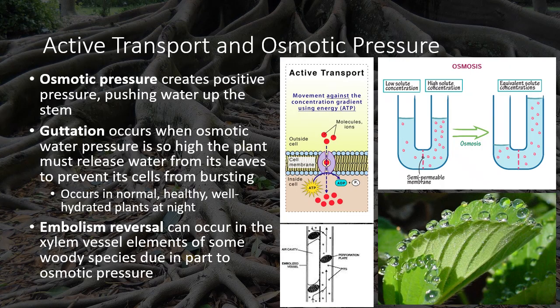So often the plant ends up kind of overhydrating itself. And then the next day, when things get hot and dry, that plant has basically a complete stockpile of water in its tissues. It'll partially dehydrate, and then the osmotic pressure will cause guttation again the next night.